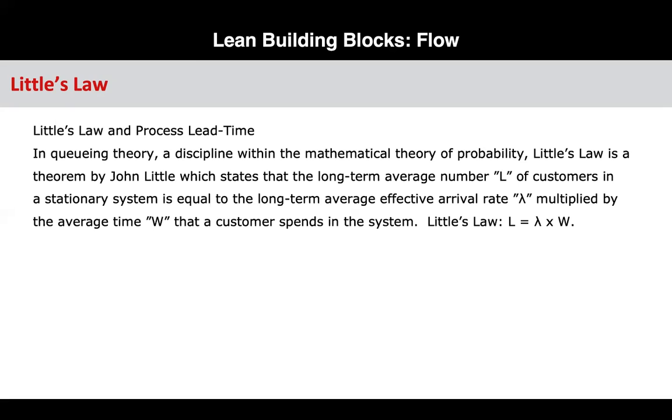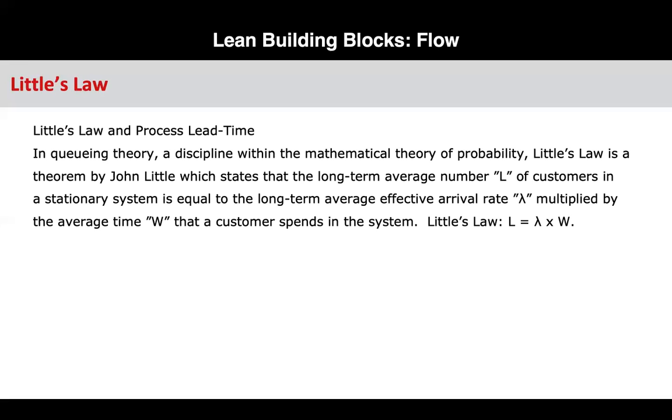So the number of customers in the queue is equal to how fast they arrive, and W being how long they spend in there, which is also the exit rate. So this is queuing theory.